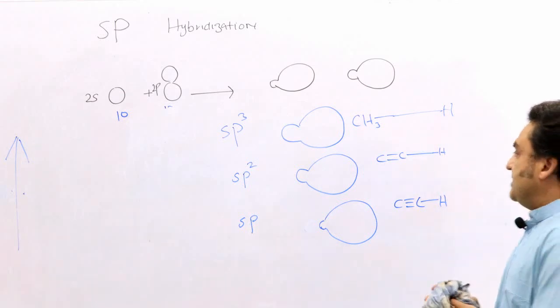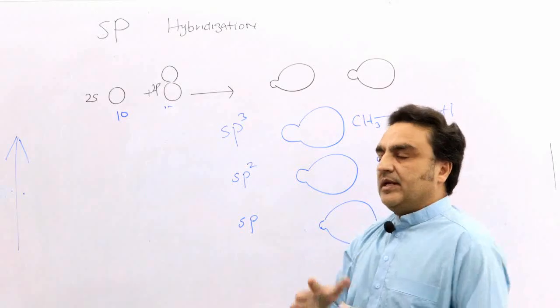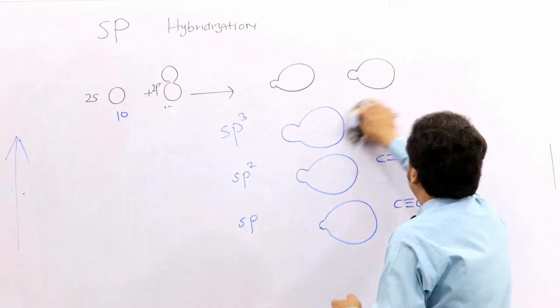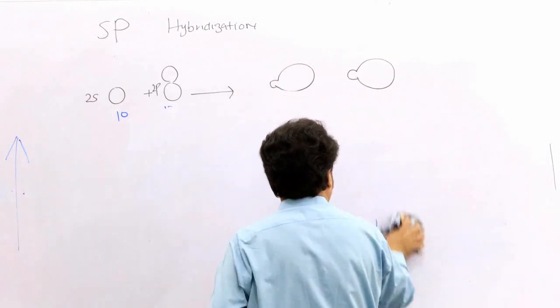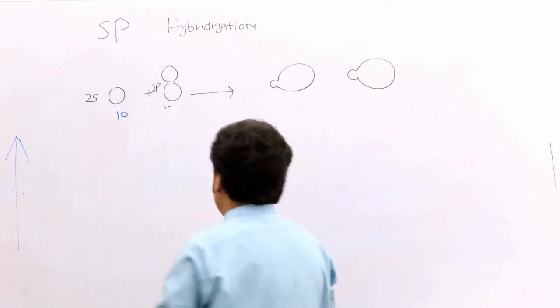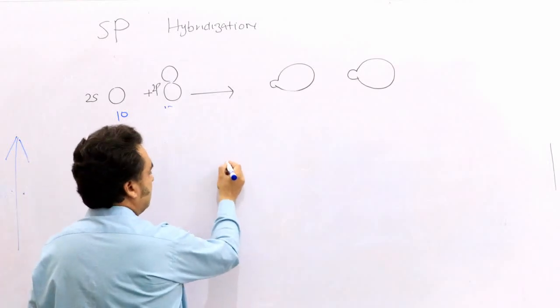Again, in the next step, let's see how they would arrange themselves in space according to the VSEPR theory you might have heard. Or you can say how sp orbitals arrange themselves in space. They arrange themselves at 180-degree angles.